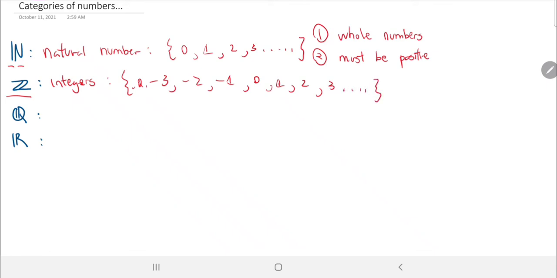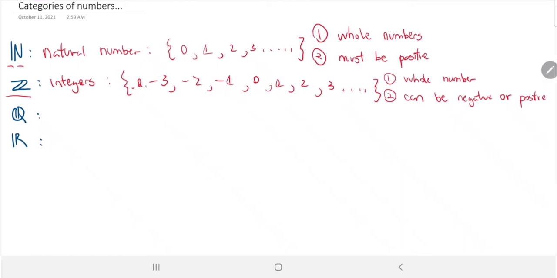So what are integers? The first condition of integer is the same as natural number, that it must be a whole number. Numbers like 2.5, 3.6 are not integers or natural numbers, because they're decimals, so an integer has to be a whole number. That's the first condition. And the second condition is that it can be negative or positive.